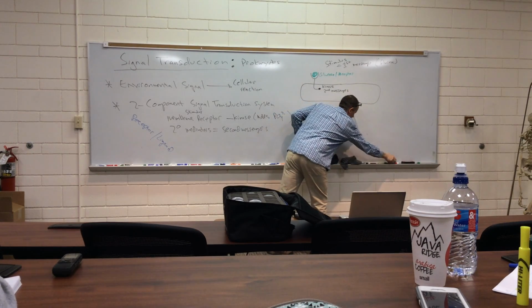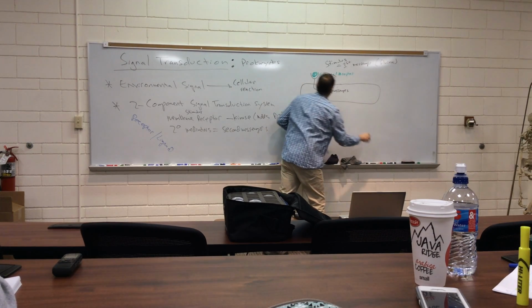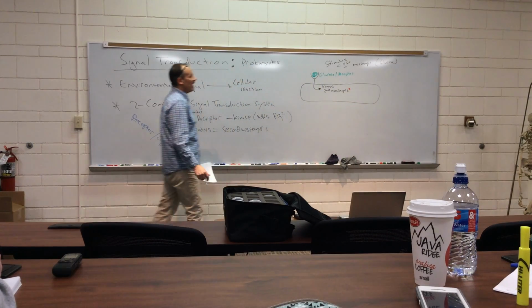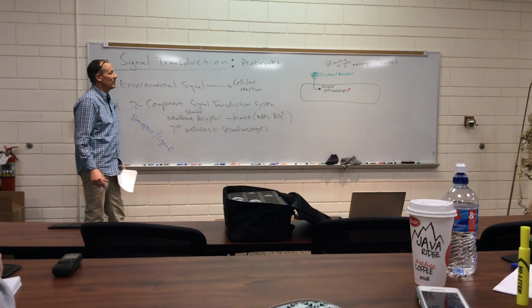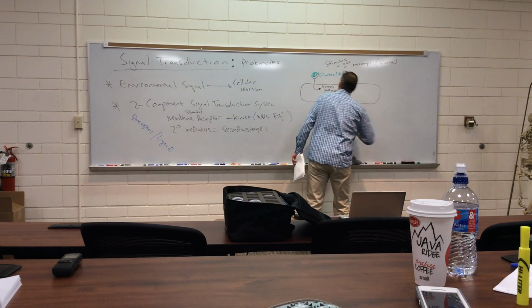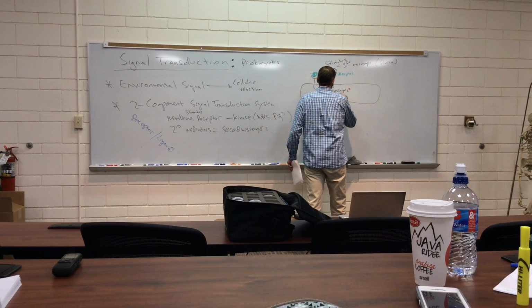And it does it by adding these phosphate groups, so we'll just put a little red asterisk showing that it's been phosphorylated. And then, of course, these guys go on and carry out whatever duty they might do.